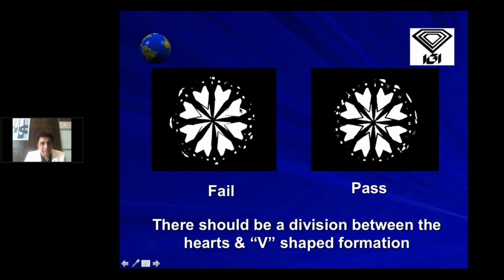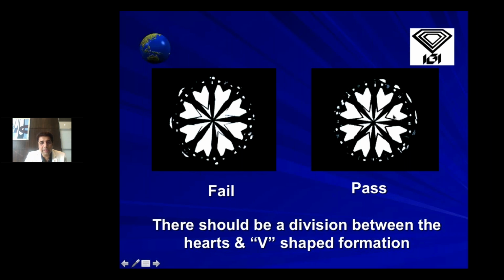Let's look at this. If you look closely at the right hand stone, just below the heart shape, you see a V-shaped formation. You notice this? All hearts have this V-shaped formation, and there's a little gap between the heart and the formation.